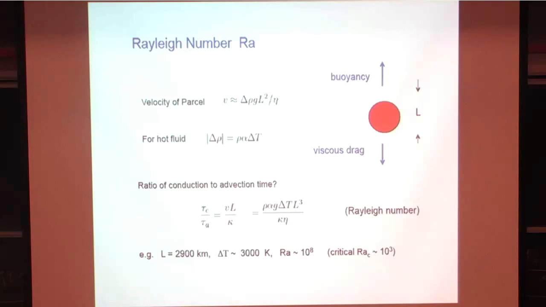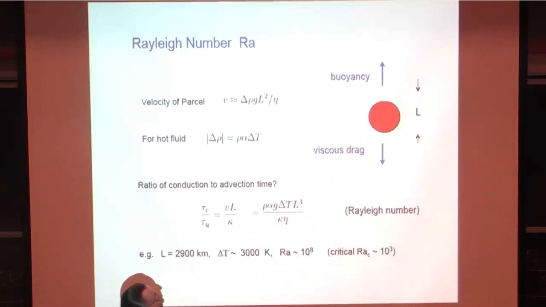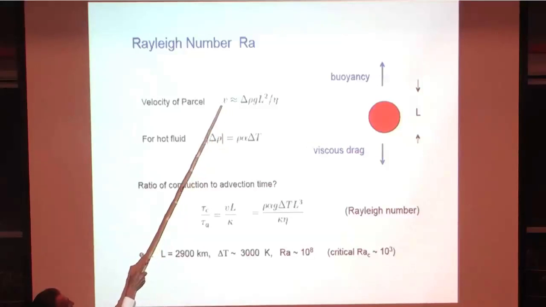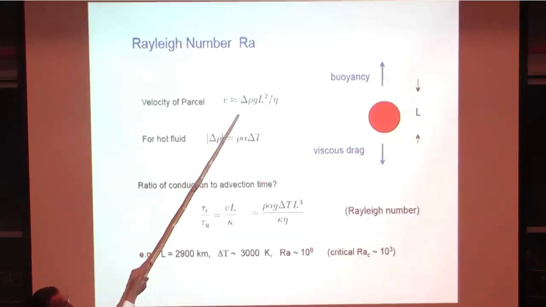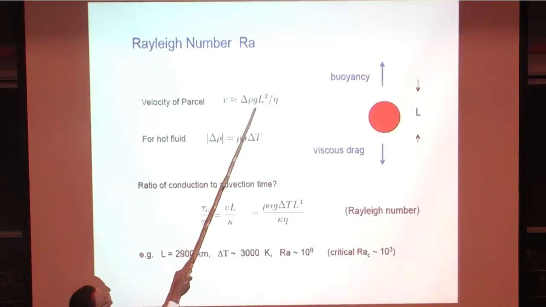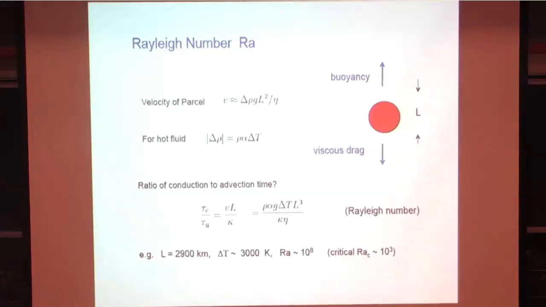Okay. So we have a region with dimension L. It's hot. It's got a temperature anomaly, delta T, that gives rise to a density anomaly, delta rho. And we can estimate how fast that blob is going to rise by comparing the order of magnitude of terms in the momentum equation. It looks like density difference times gravity times its dimension squared divided by the resistance, which is coming from viscosity.